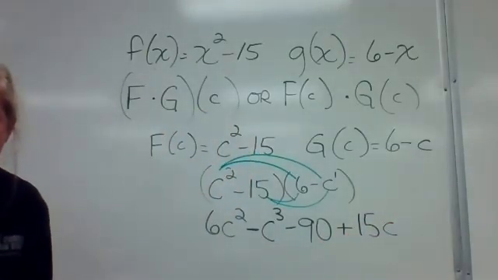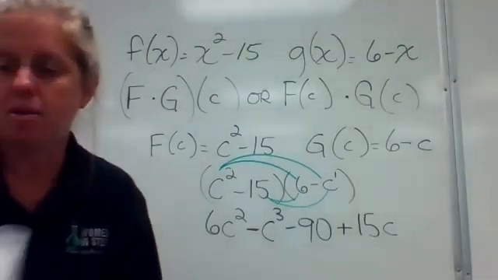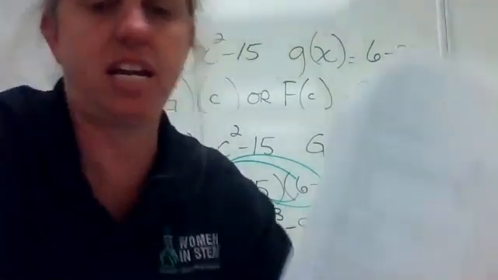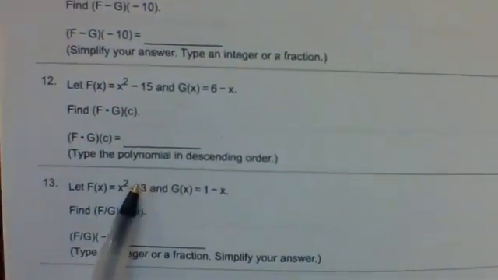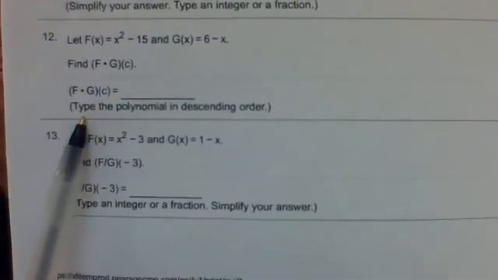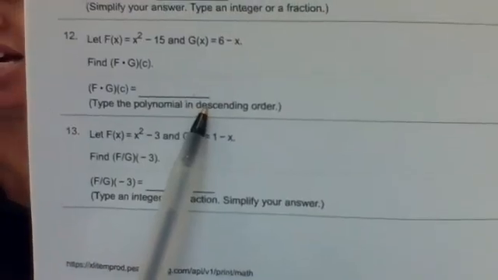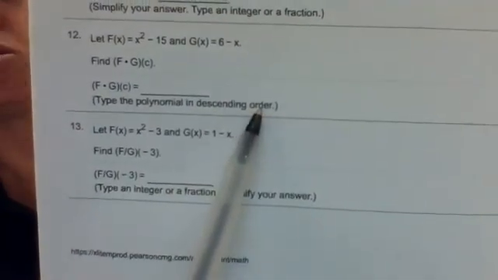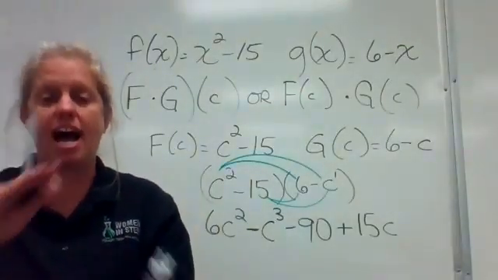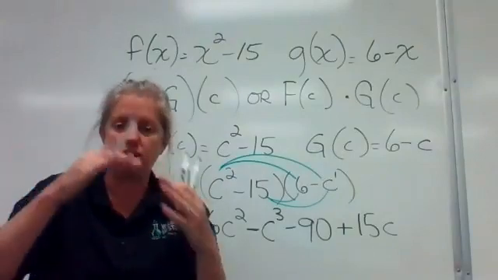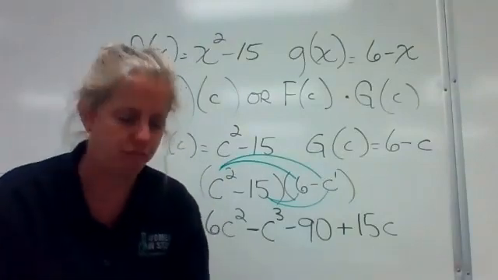Now, there's no like terms to combine, but you will notice on this one that it is going to say type the polynomial in descending order, which means it wants the highest exponent to come first, and then it wants the exponents to come down from there.